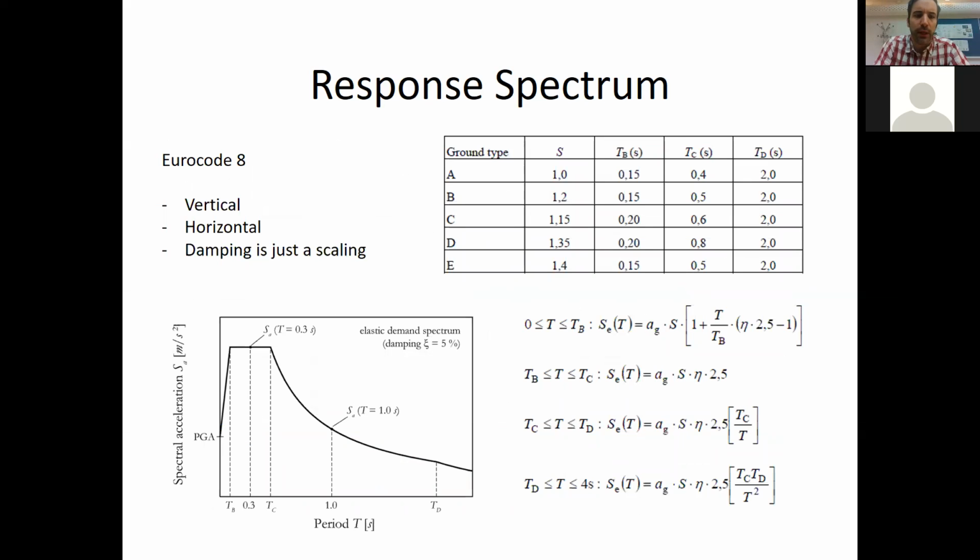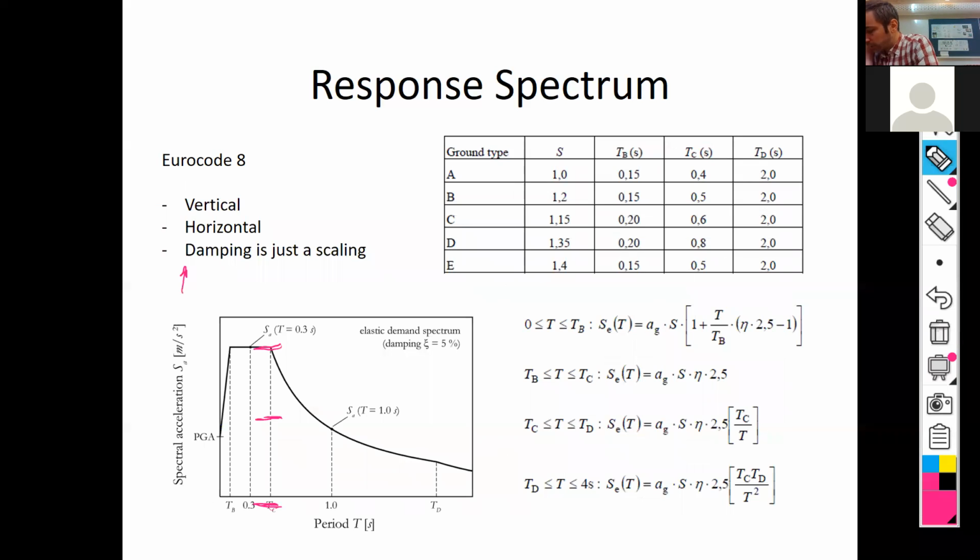This is what Eurocode has to say about spectrum, okay? So when you design a structure according to Eurocode with respect to earthquake, the Eurocode will give you this curve, okay, that will represent, in this case, the acceleration, okay?